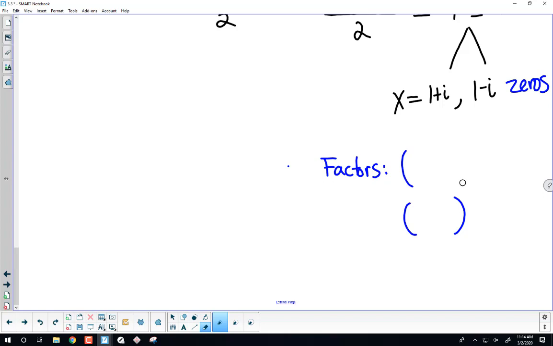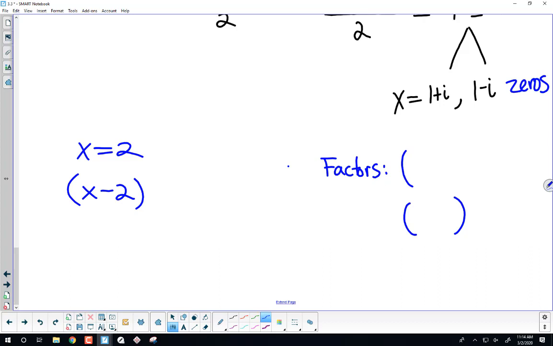If x equals 2 is a 0, what's its factor? Right. If we said x equals 2 is a 0, then its corresponding factor is x minus 2. Do you all agree with that?